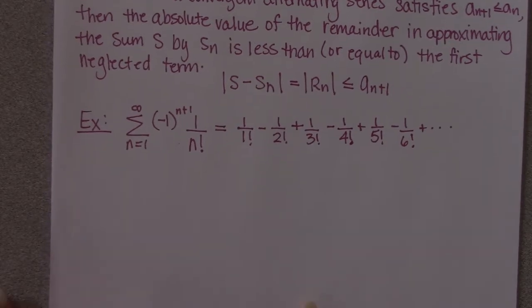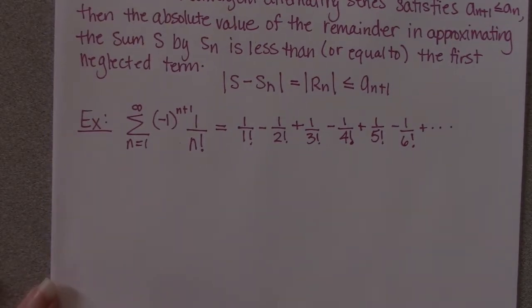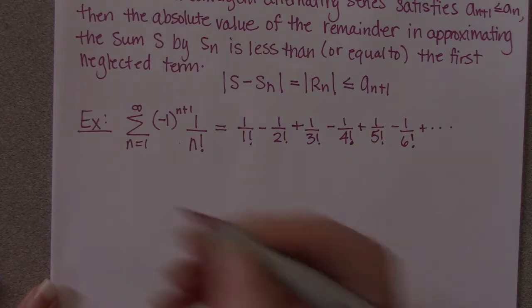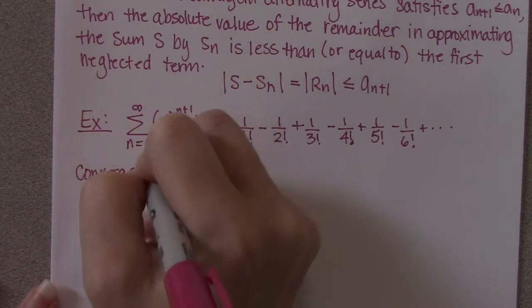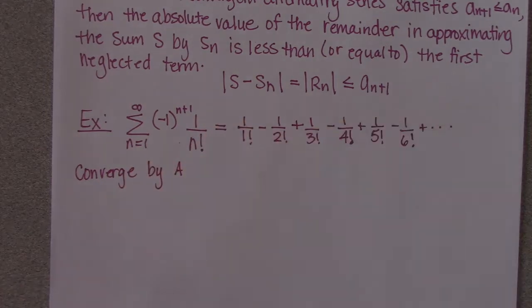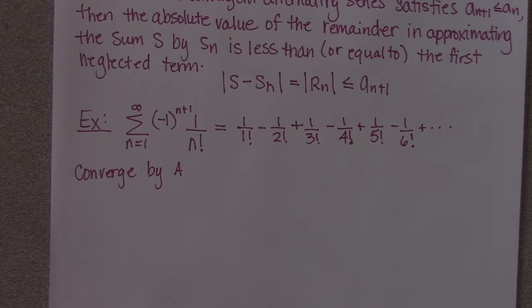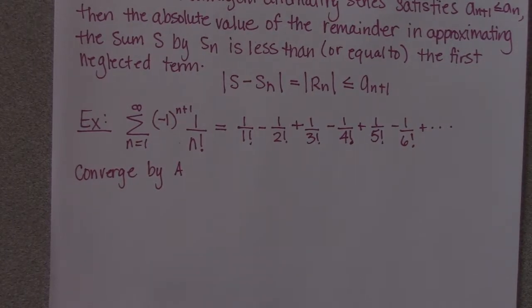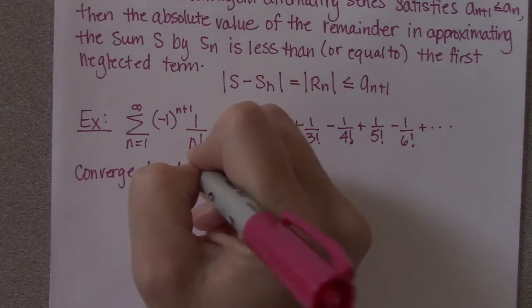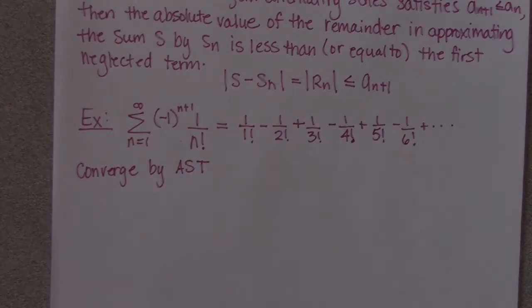Okay, so this is the first 6 terms of this series. This series is going to converge. Here's what I found on the web. It's going to converge by the alternating series test.